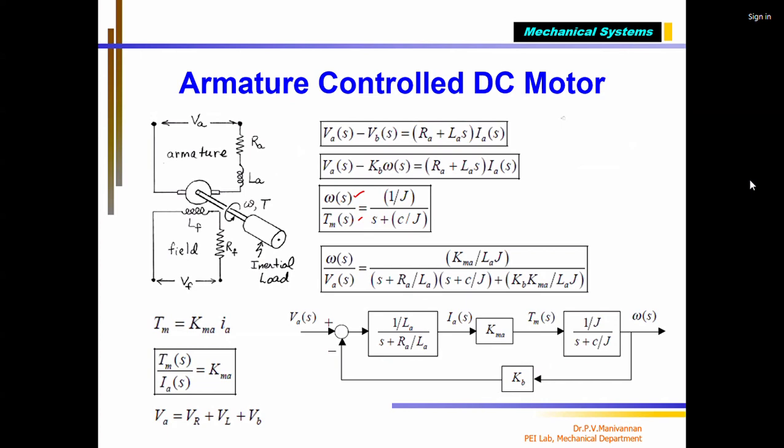Now omega s into s plus omega c divided by J. If I convert this whole equation into a time domain equation, it becomes T as a function of time divided by J, which is nothing but alpha. Then d omega upon dt is nothing but alpha again. But c omega divided by J, this omega is the angular velocity, and c into omega is not valid. Like c into v should be the real equation, if I'm not wrong.